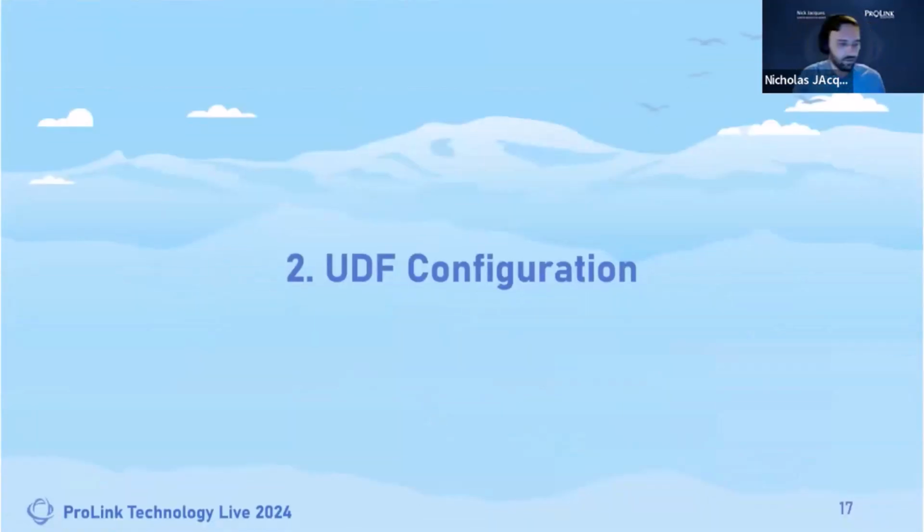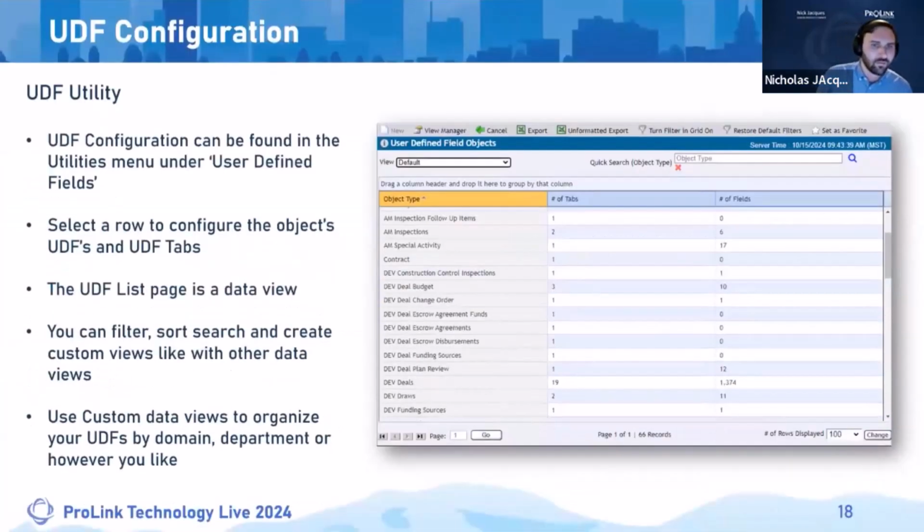Okay, so getting into the configuration, the user-defined fields configurator is located in the utilities menu up in the sidebar. It's kind of all the way down at the bottom of the utilities section.